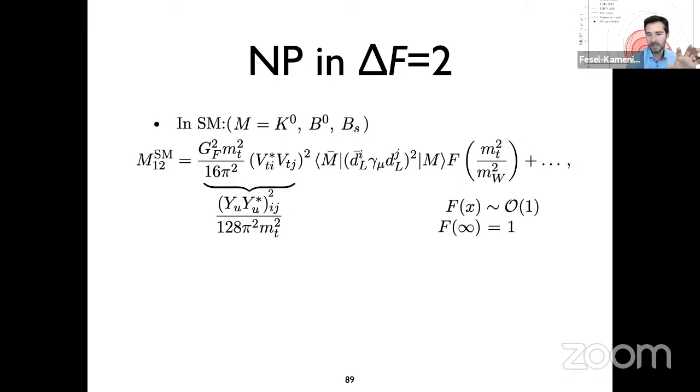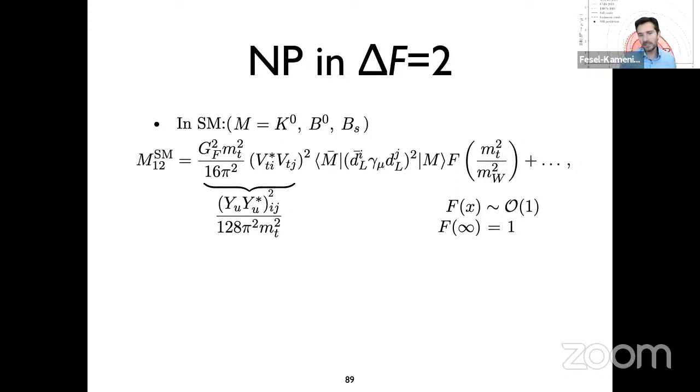And because it's a loop-order matching, there is also a 16 pi squared below. Then there is the typical CKM prefactor, which enters due to the W vertices in the box.